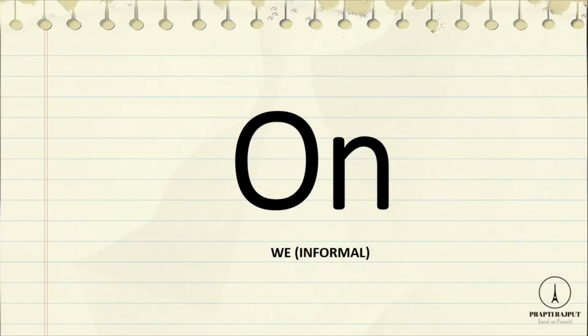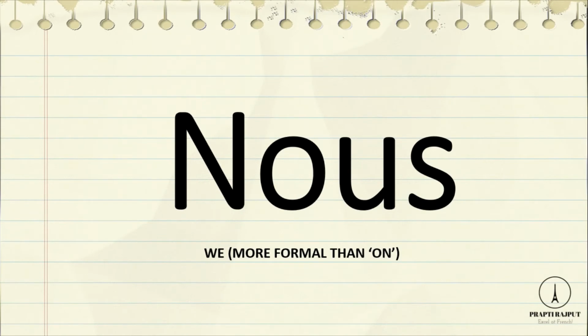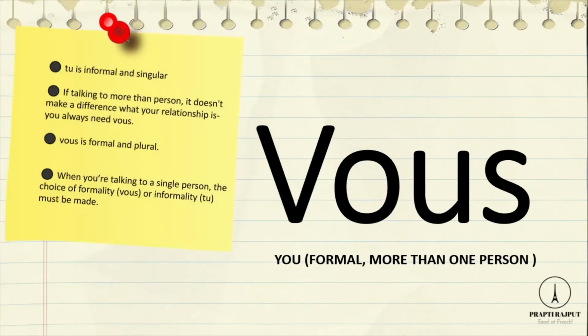Then it's on. We pronounce this as on. This means we and is used for informal cases. Nous, on the other hand, is used for formal cases and means we. Then we have vous.